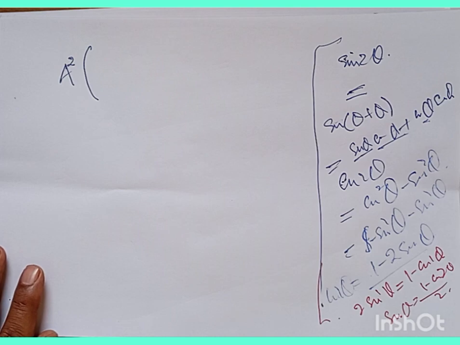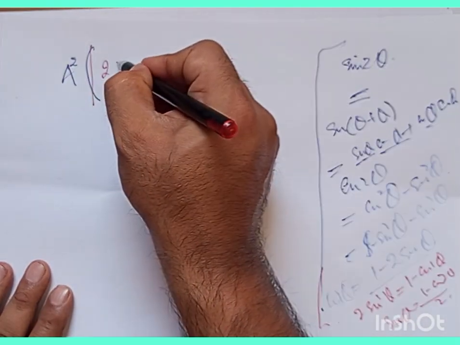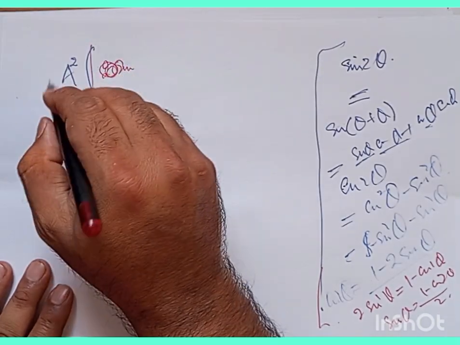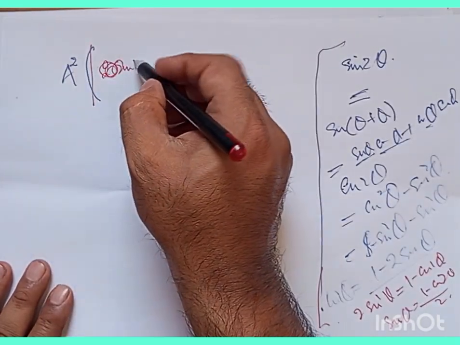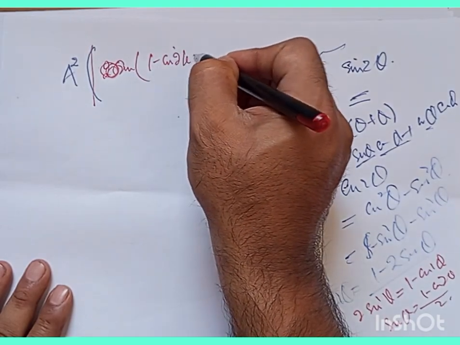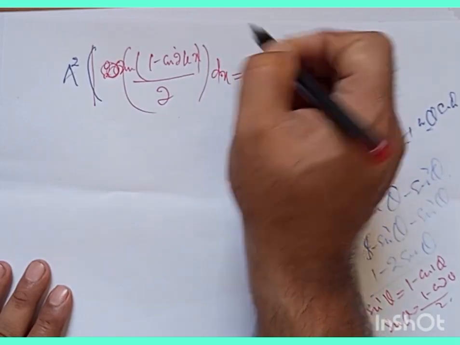So instead of sin²kx, we can use here (1 minus cos 2kx) divided by 2 times dx equal to 1.